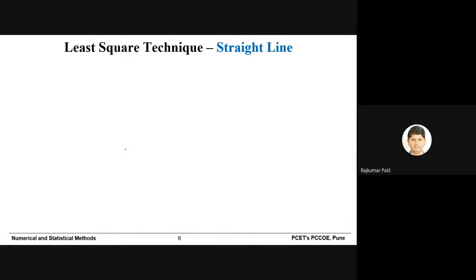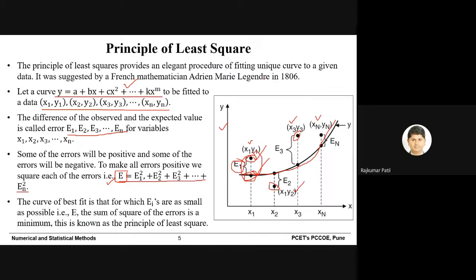Now we will start with the application of the least squares technique for a straight line. If you go to the previous slide, you can see here the equation for y. If you take the first two terms, y is equal to a plus bx, we know that this is the equation of a straight line.